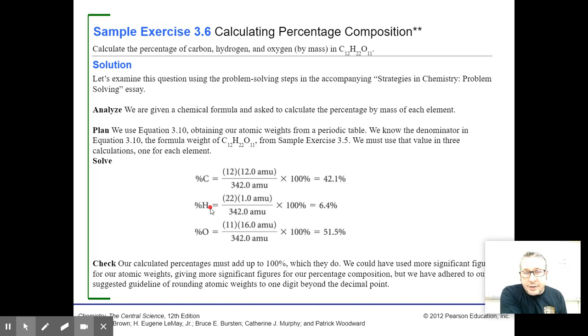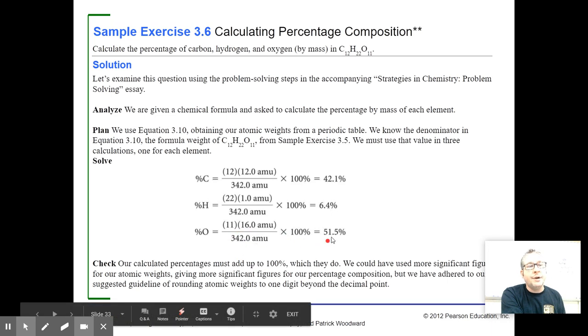Same thing for hydrogen: there are 22 present, multiplied by its atomic mass, divided by the formula weight of the compound, multiplied by 100, 6.4%. And lastly, for oxygen, there are 11 present, 16 AMU for a single atom of oxygen, divided by 342, multiplied by 100, you get 51.5%.